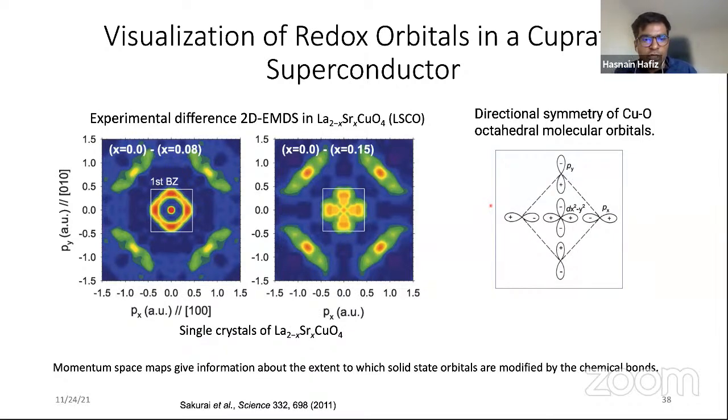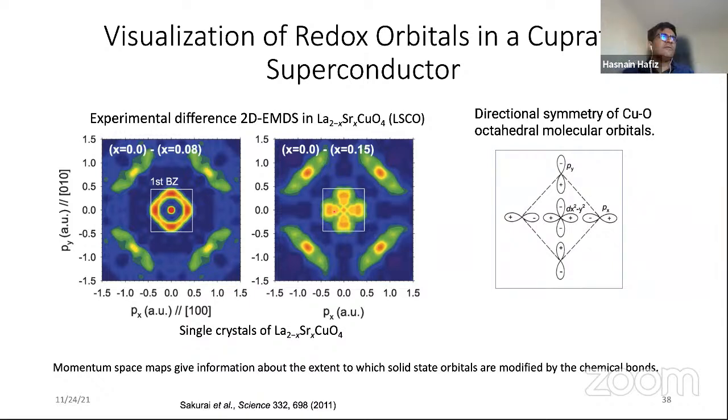Here, the low momentum contributions are coming from these oxygen orbitals, which are delocalized in real space, and the high momentum contributions are coming from the copper d x-squared minus y-squared orbitals, which are localized in real space. So you see there is an inverse relationship between the momentum space representation and the real space representation. And these are some nice experimental plots for this momentum density.